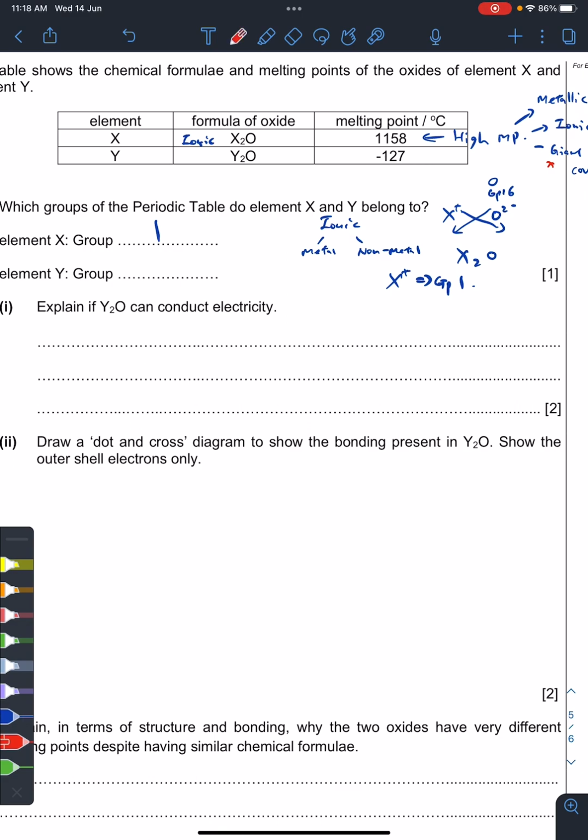So this is a low melting point. Low melting point, there's only one bonding. Your covalent. Or to be specific, it's the simple molecule. Covalent means all these are non-metals.